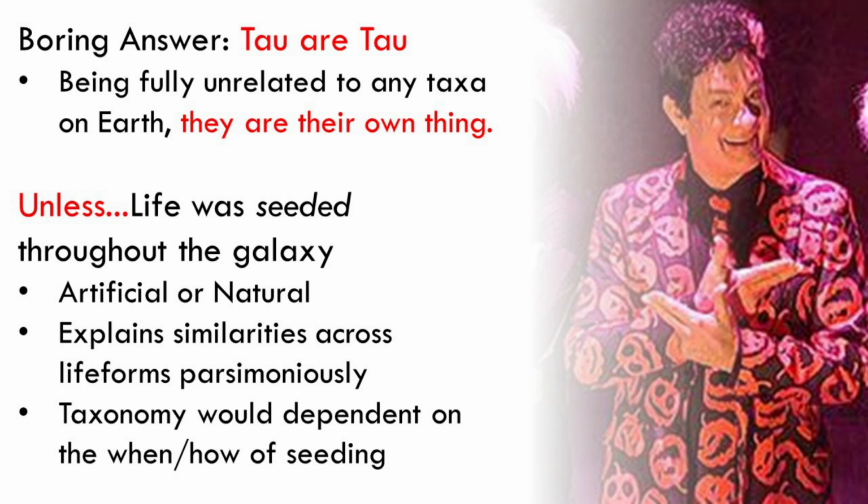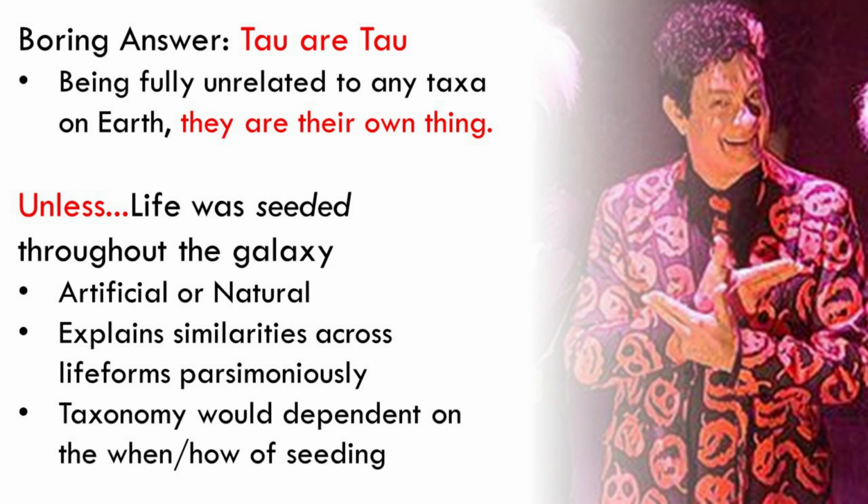But exactly how, when, and where that seeding event occurred would influence how the taxonomy responds. For instance, if we took some original cell, kind of the original ancestor of all life on Earth, and had also placed that somewhere else, that would suggest that we still would need to have a planet level of taxonomy.